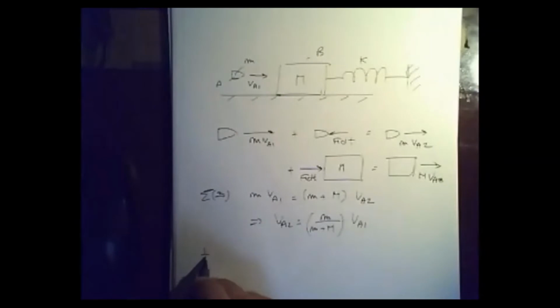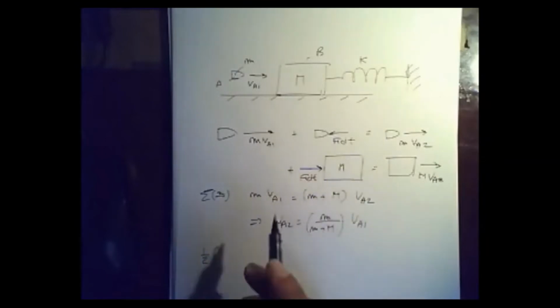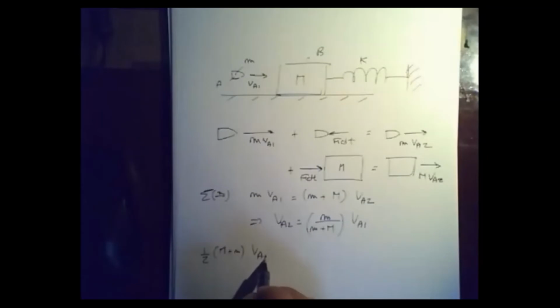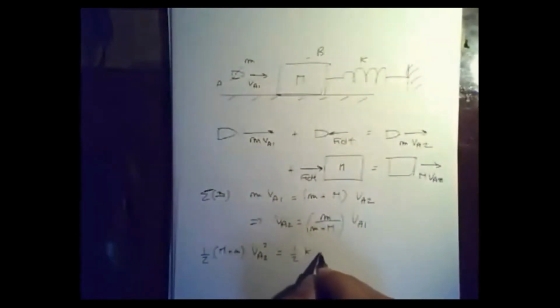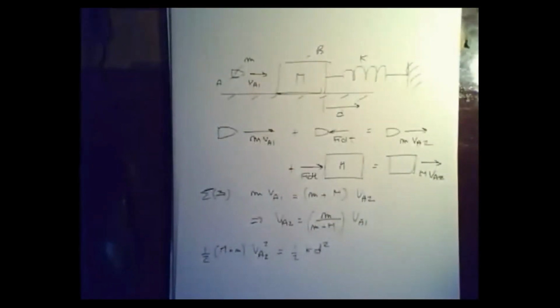So I know the total energy of the system, which is going to be equal to 1 over 2, and you want to take the kinetic energy of both the block and the bullet, since M plus m, VA2 squared is going to be equal to the energy in the spring, right? When the spring is compressed, it's going to be 1 over 2 K times D squared, where D is going to be the deflection of that spring, from here maybe to here, right?